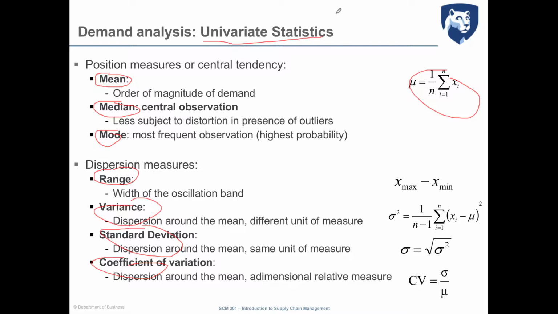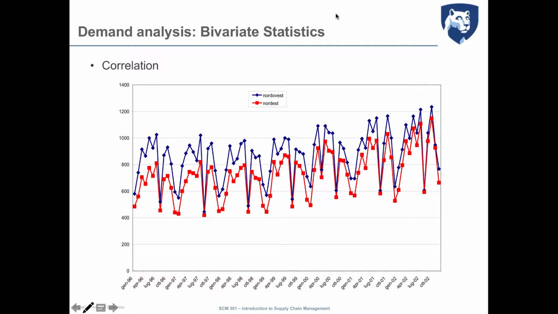Univariate statistics is called this because it is the first step of understanding statistics of the demand, as the second step is bivariate statistics. In particular, we have seen that bivariate statistics means finding out if the demand is correlated with some other variable. In this case, you see two different types of demand, the blue coming from northwest and the red coming from northeast.